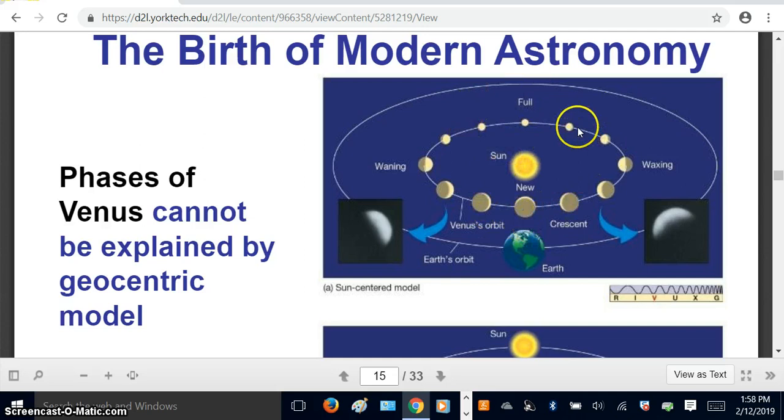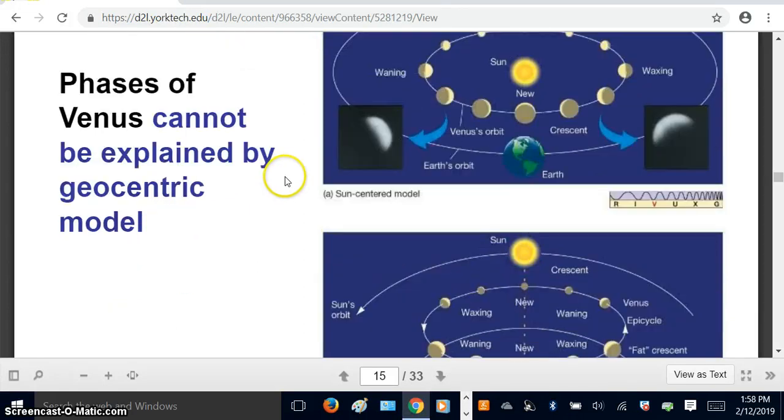Then why would Venus have phases? It doesn't make any sense, right? So there's no way to explain it with the geocentric model. Only the heliocentric model, the idea that the Earth and all the planets go around the sun, is the only way that you could explain phases of the moon. I'm sorry, of Venus, not of the moon.